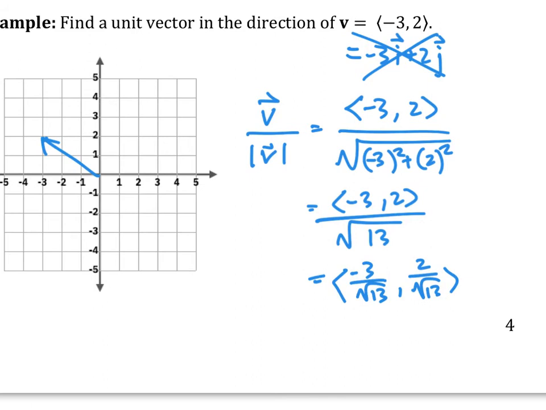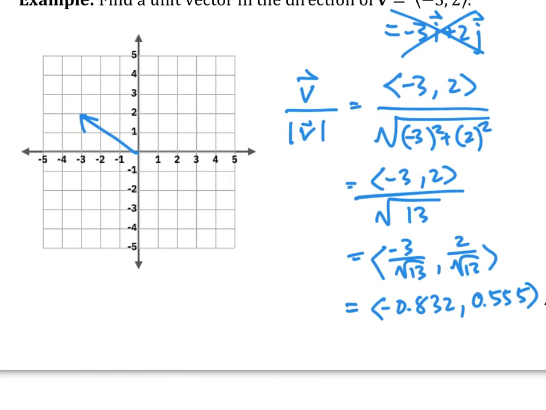Let's just, for verifying, put those numbers in a calculator to figure out where that vector is. So -3 divided by root 13 is -0.832, and then 2 divided by square root 13 is 0.555.